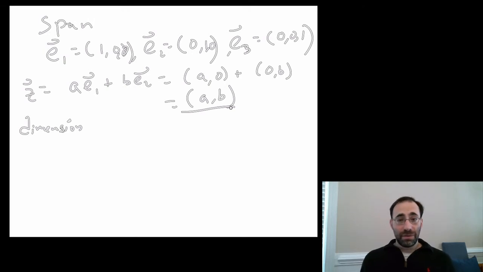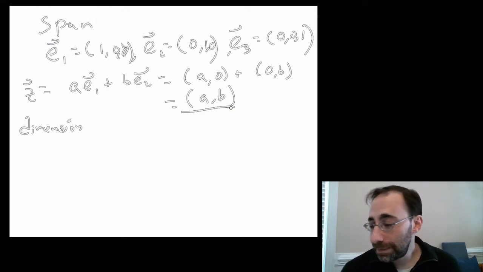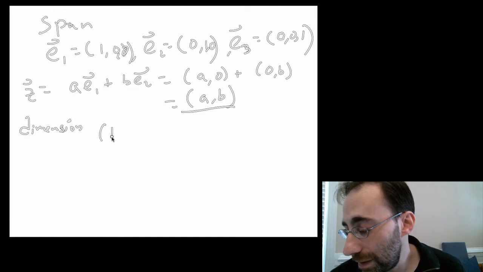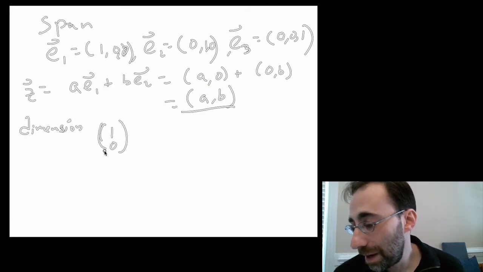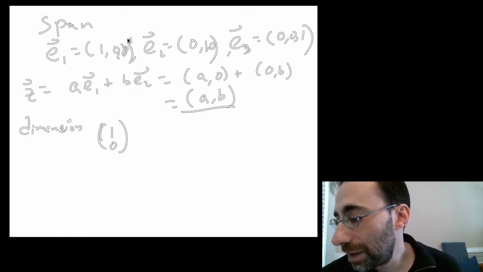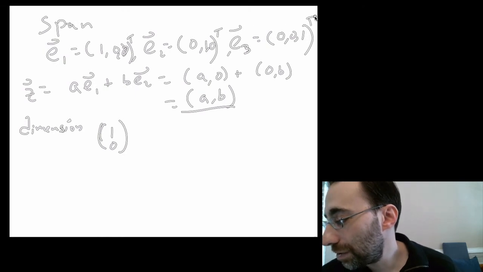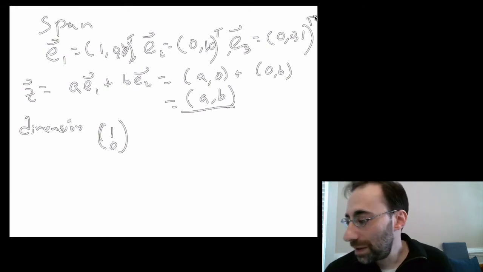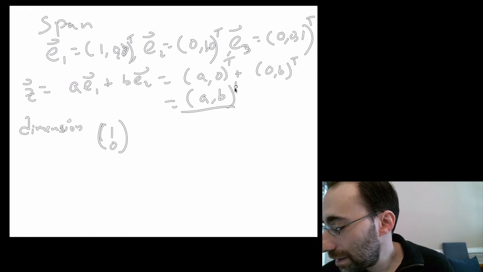How do we see that involving linear independence? Well, if you have the vectors (1, 0) and (0, 1), these should actually be column vectors in theory. Here's the transpose; it's just easier to write on the tablet here.